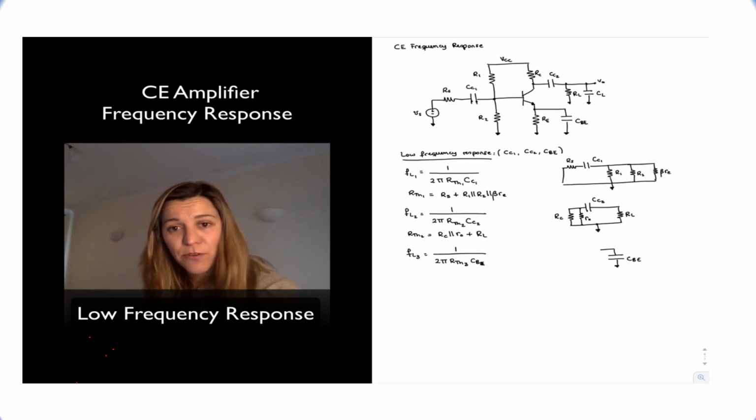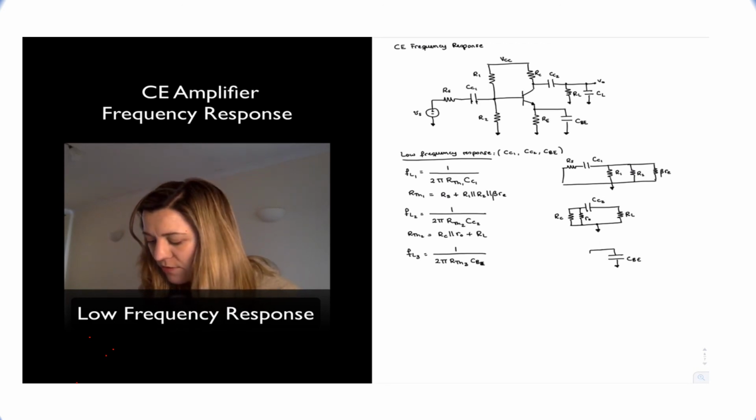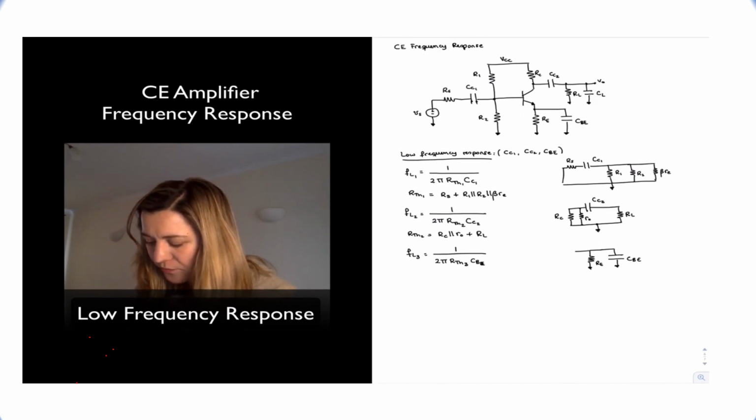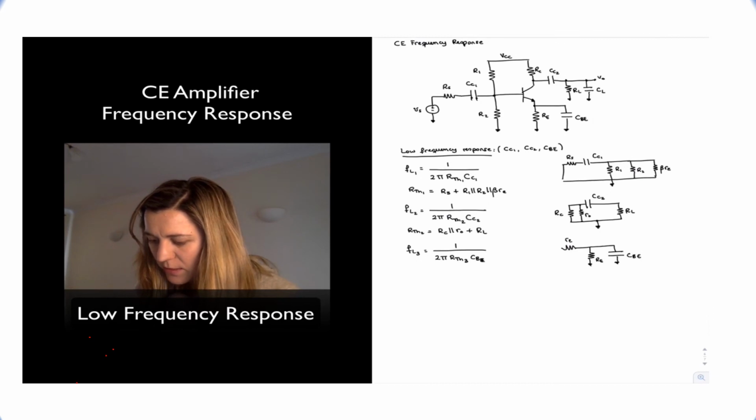And we can see that for that capacitor, I will have resistor RE connected in parallel with little re in series with R1 in parallel with R2 in parallel with RS divided by beta.